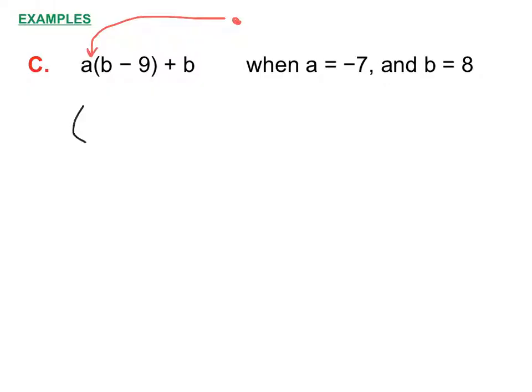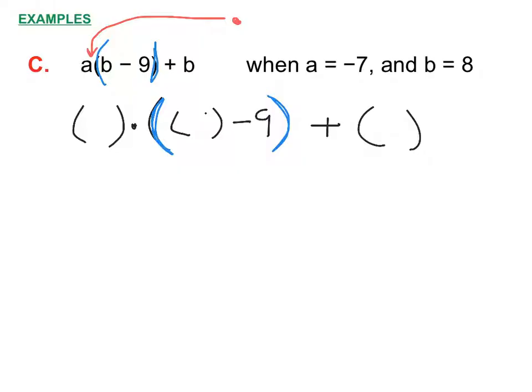A times, so set of parentheses, so these parentheses is this right here. And then we have to put a set of parentheses for our b, minus 9, close those parentheses, plus the value of b.